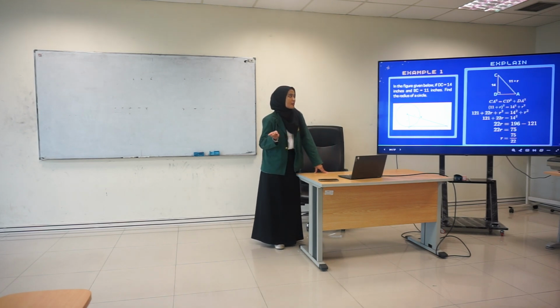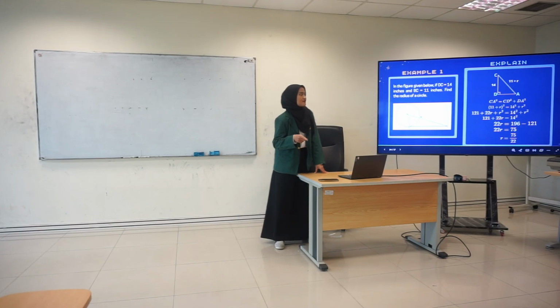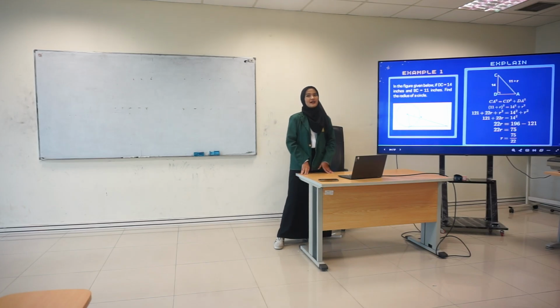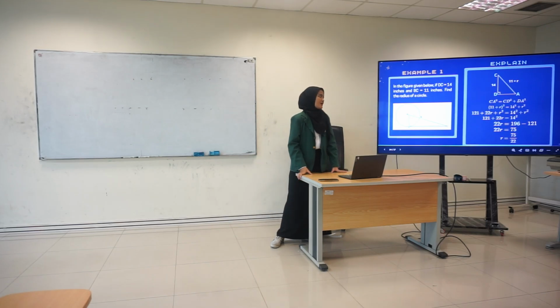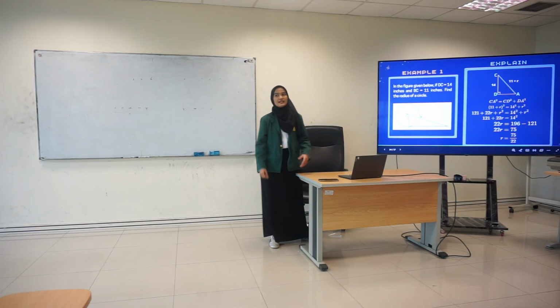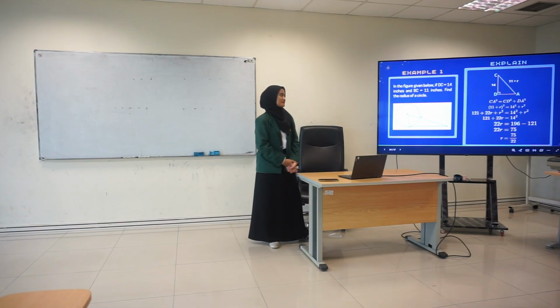On the right side, we get 14 squared plus R squared. We eliminate the R squared on both sides, right? So we get 121 plus 22R equals 14 squared.